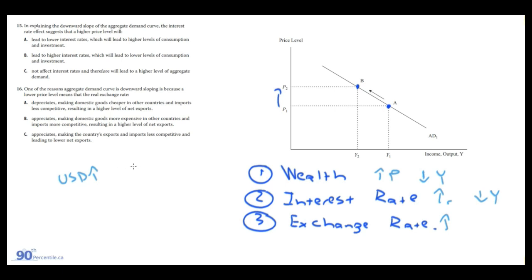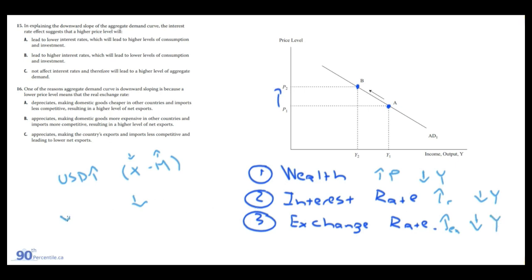So exports are going to decrease and imports are going to increase. And remember that this term that we're always familiar with is net exports. So if exchange rates increase, then net exports is going to decline, which decreases our output.